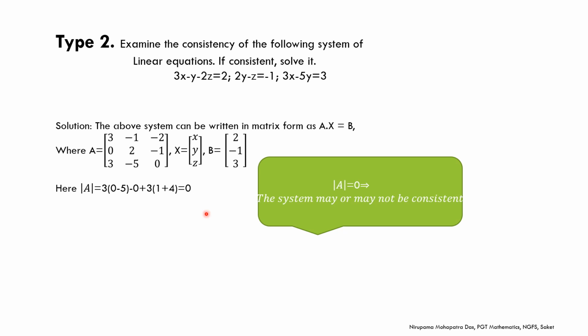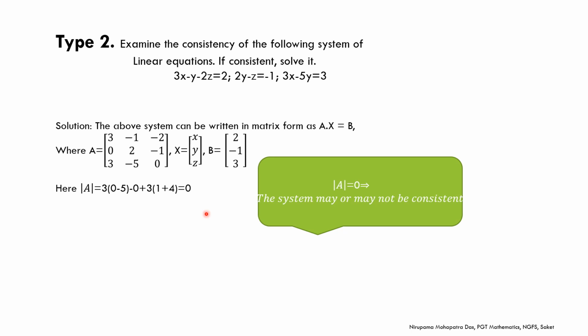So in that case, we have to calculate adjoint of A into B. If adjoint of A into B equals 0, the system has infinitely many solutions, which means the system will be consistent. But in case adjoint of A into B is not equal to 0, the system is inconsistent, meaning the system has no solution.